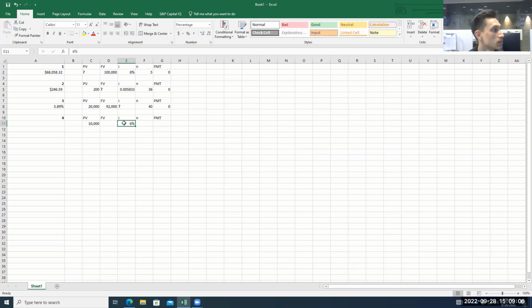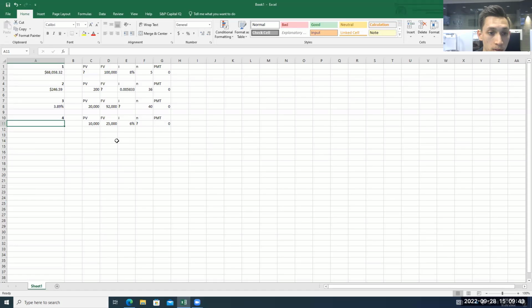If Kenneth makes no additional deposits and no withdrawals, that means he's not going to make any payments, so our payment is still going to remain at zero. How long would it take to grow the account to $25,000? $25,000 is going to be our future value amount. And the problem is asking how long it will take to grow the $10,000 to $25,000, so we are looking for the number of years. Go ahead and put our question mark. That's what the question is asking.